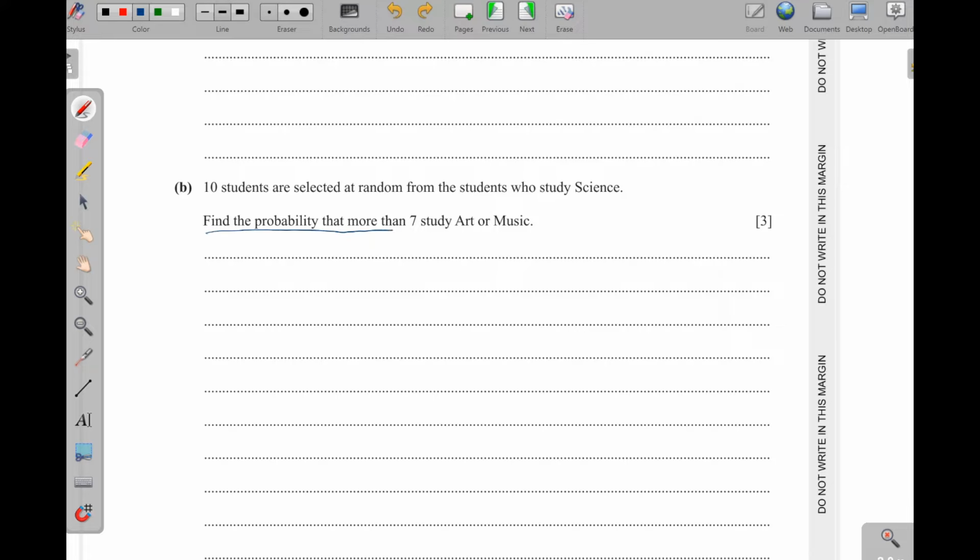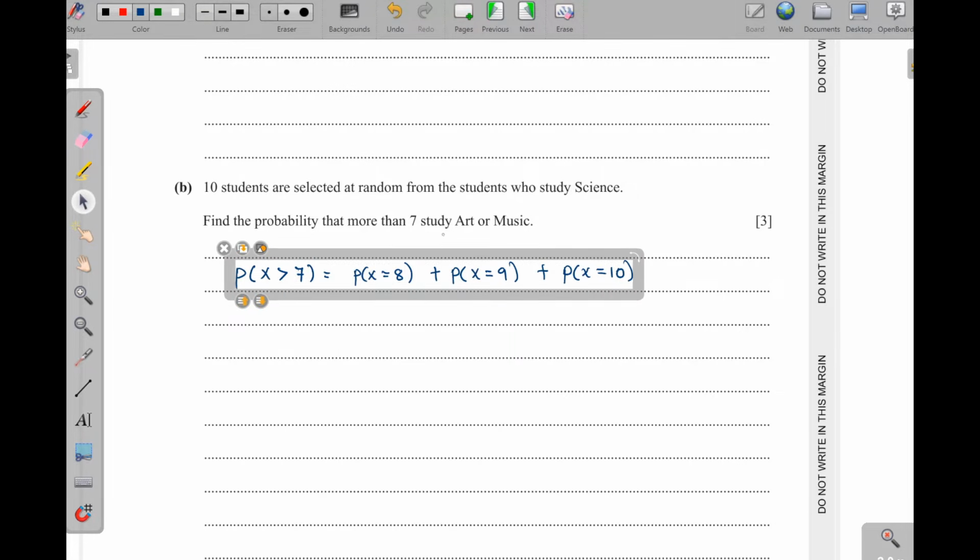Find the probability that more than 7 study art or music. Okay, even this one is a binomial. So if I say probability of x greater than 7, that means here we can take probability of x is equal to 8, then probability of x is equal to 9, and then probability of x is equal to what? To 10. You see that? Now here, our P, because they have said from those who study art or music.